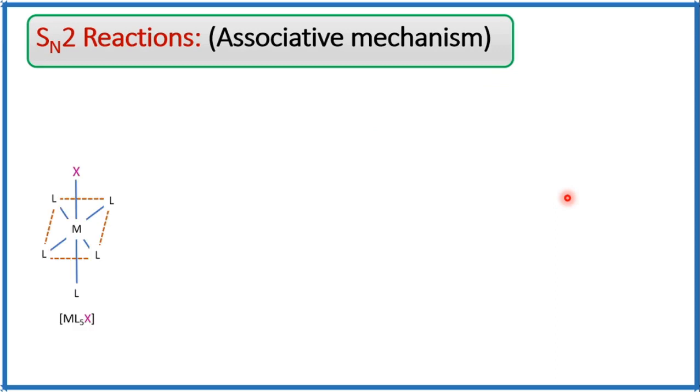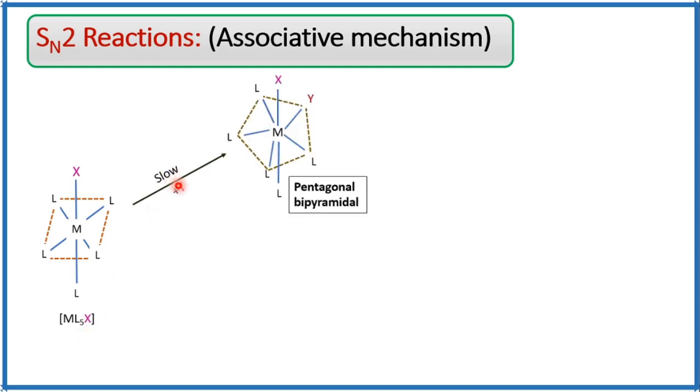And if you see the mechanism, we will take the ML5X octahedral complex here. In a slow step, Y reacts with this complex. Therefore, we are getting a pentagonal bipyramidal intermediate, which is unstable. Here we can see the 7 ligands around the metal. 1, 2, 3, 4, 5 L's are there, 1 X is there, 1 Y is there. And these X and Y act like pyramids.